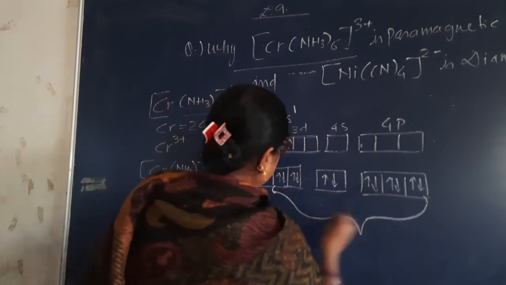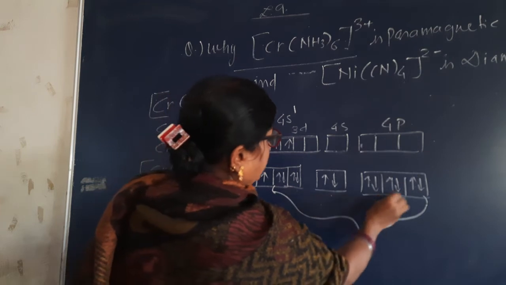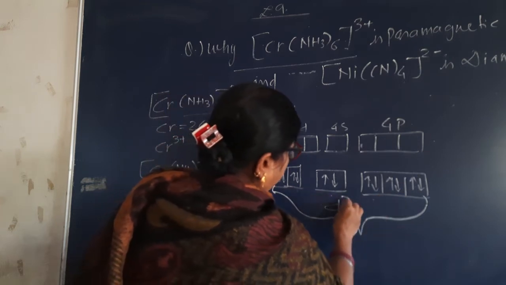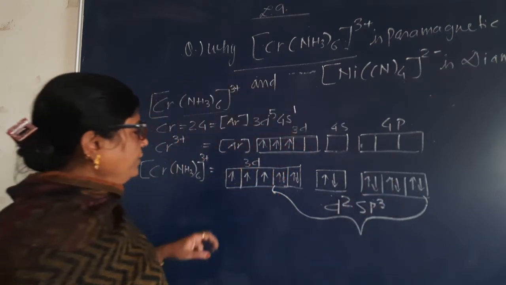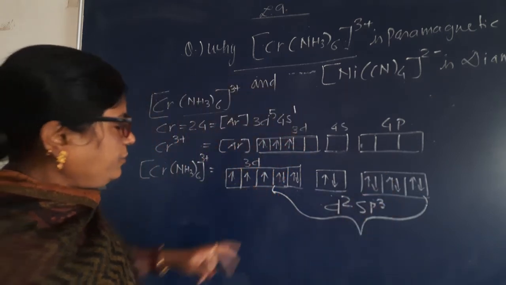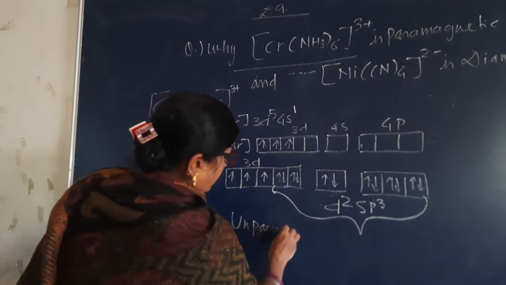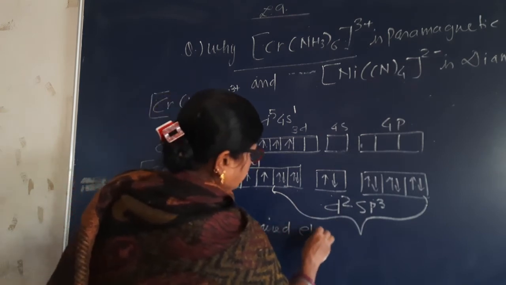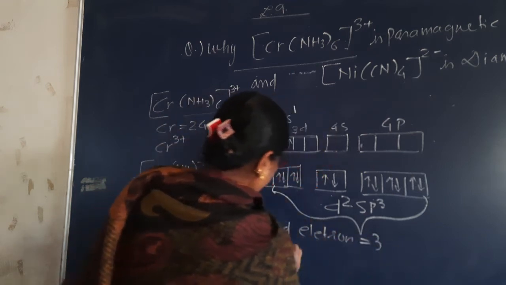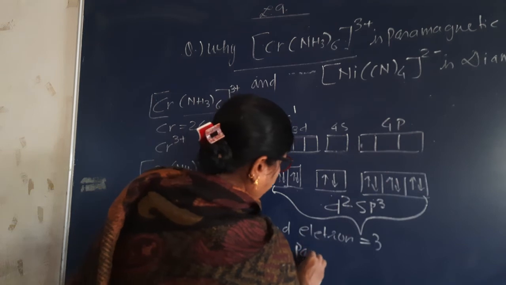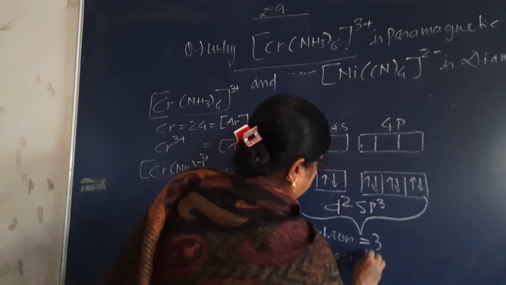You have to write like this. So hybridization is d2sp3. As we see, there are 3 unpaired electrons. Unpaired electrons is equal to 3. Therefore it is paramagnetic. When we get unpaired electrons, therefore it is paramagnetic.